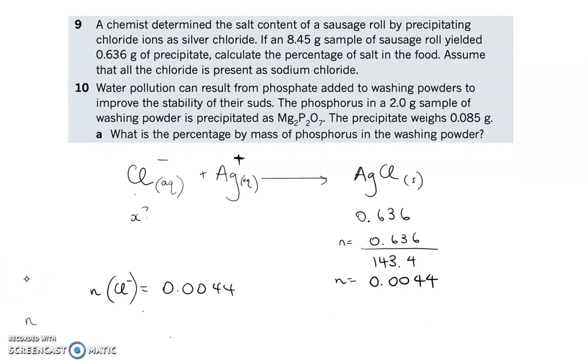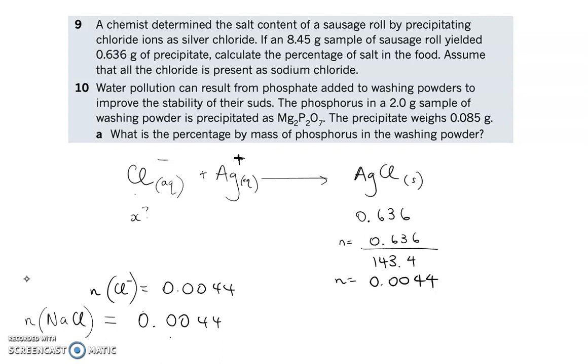Now, I really want to know the moles of the sodium chloride. And this is where we have to think, all right, if I've got 1 mole of chloride ions, then I have the same amount of moles of sodium chloride, because for every 1 molecule of sodium chloride, I have one chloride ion. If it was 2 there, then for every 1 molecule of sodium chloride, I'd have 2 chlorides. But for every 1 sodium chloride, I have 1 chloride.